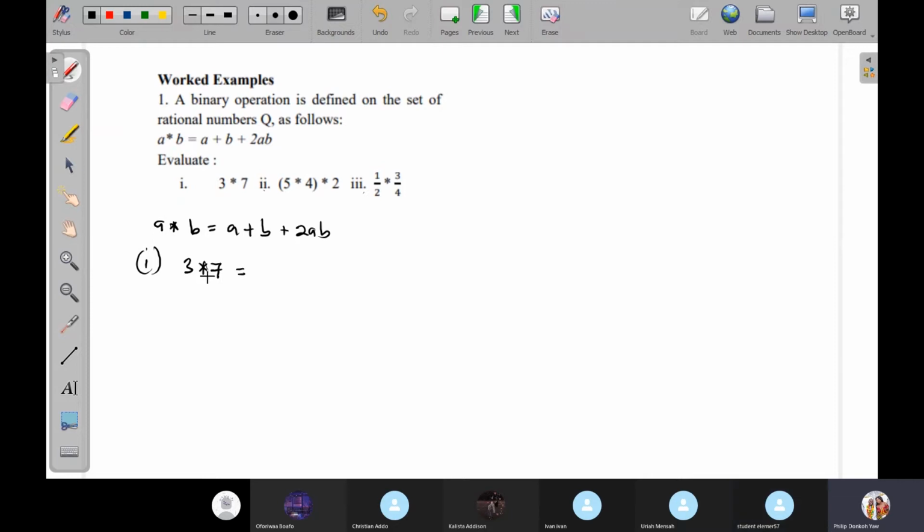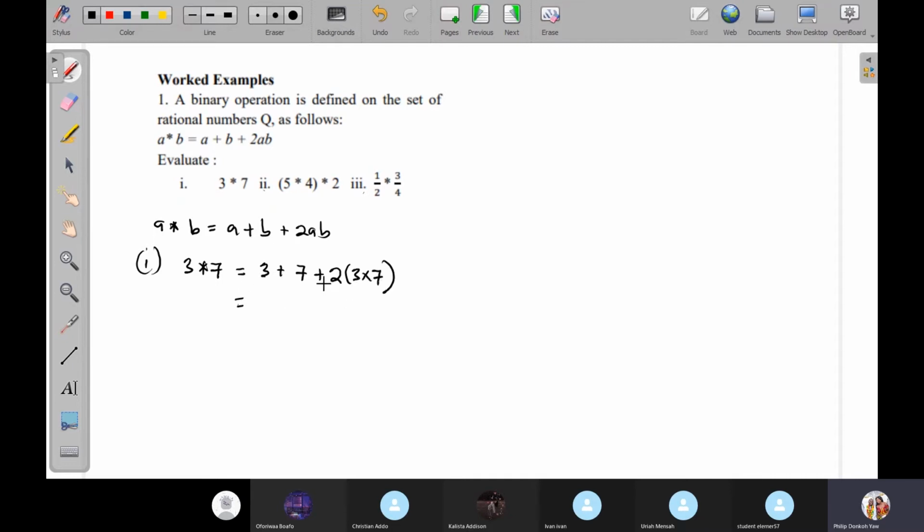And then automatically B goes for 7. So it's all about substitution in this sense. So we are going to have 3 plus 7 plus 2 times 3 times 7.